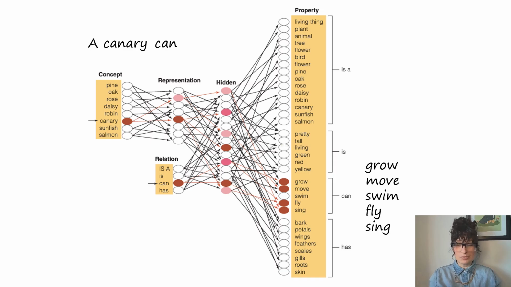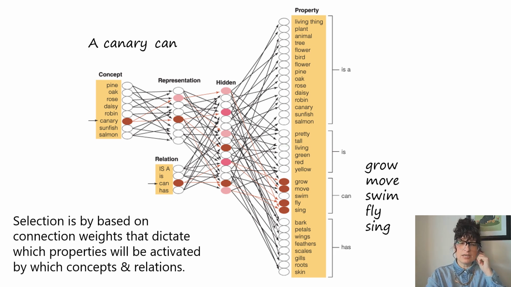A canary can swim, but it's very unlikely to be the strongest connection weight and the ultimate response that gets selected. Instead, probably fly is going to be the number one that gets selected. Sing will be up there. Move will probably be positively associated, but not strongly. Grow, same thing. Swim is maybe even going to be negatively associated, so that it's suppressed in this model.